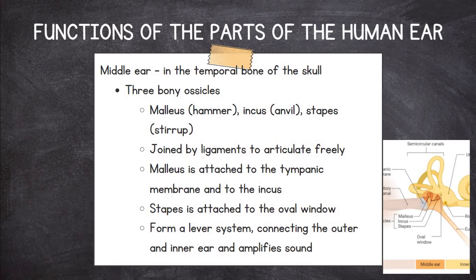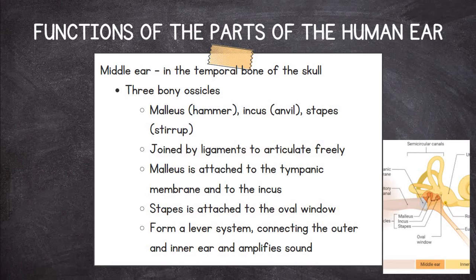Okay, then we have the malleus. So we can see here that the malleus is attached to the tympanic membrane as well as the incus on the other side, and the stapes is attached to the oval window, but then also the incus on this side. So these little bones together form a lever system connecting the outer and inner ear, and they amplify sound.